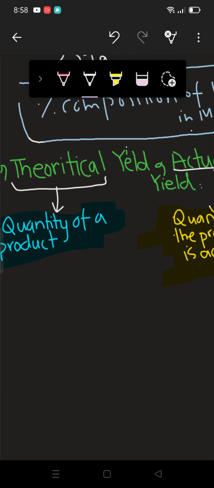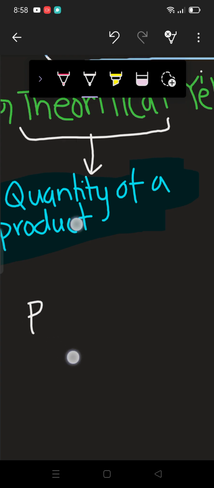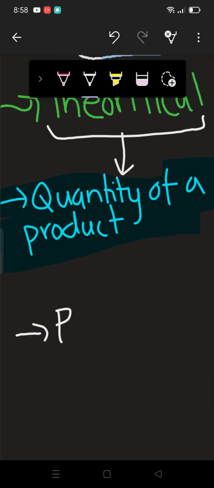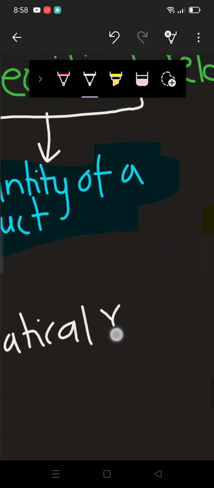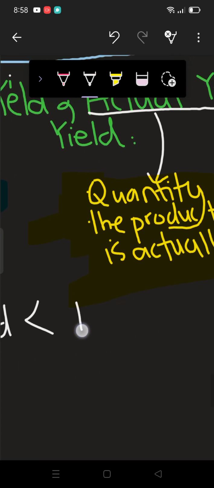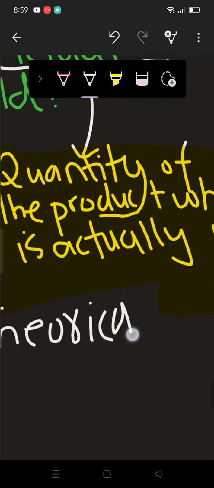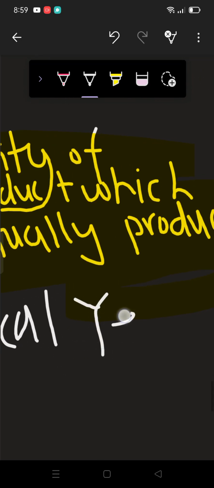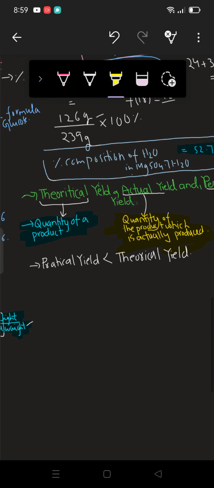Now the practical yield, we have a second name for the actual yield as well, and that is of course practical yield, right? So practical yield will always be less than the theoretical yield, which means theoretical yield will always be greater. Why is that so? I'm going to explain it to you now, right? Wait, let me highlight this.